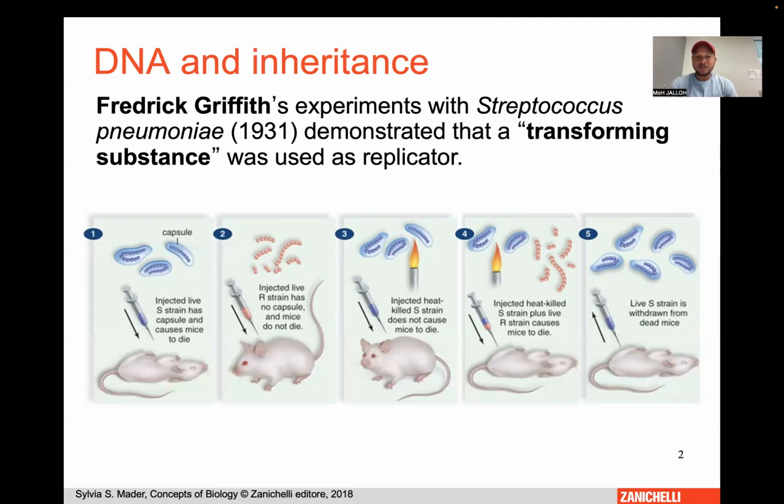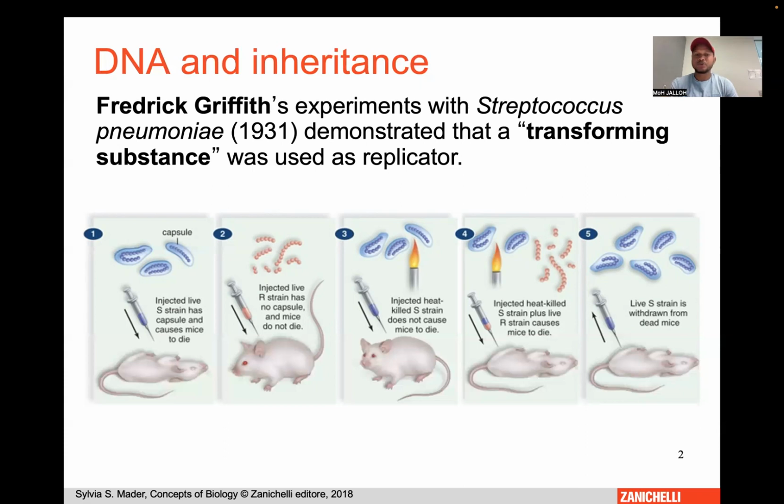So he realized there was some kind of infection going on, and he was wondering what the reason for that infection was. So Mr. Griffith's experiment with Streptococcus pneumoniae demonstrated that a transforming substance was the replicator.